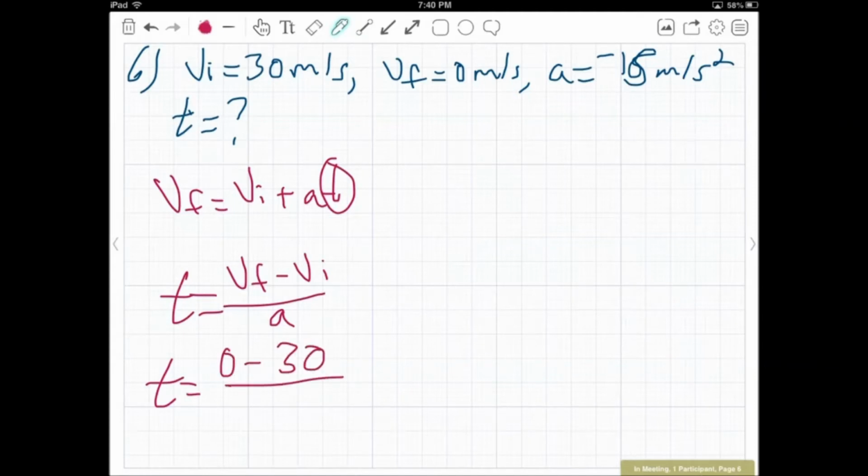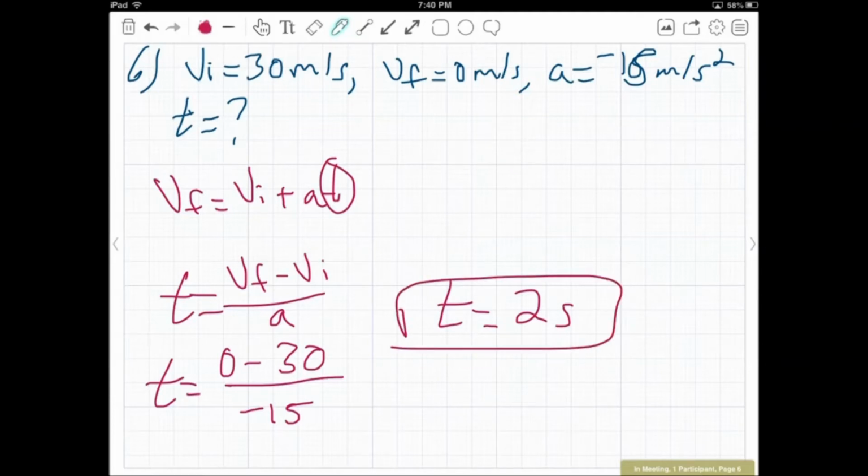Remember, trust the equation even though it looks weird, getting a negative number up top. A is negative 15, so my time is going to equal negative 30 divided by negative 15, which is 2 seconds. And it's seconds because this is in seconds.